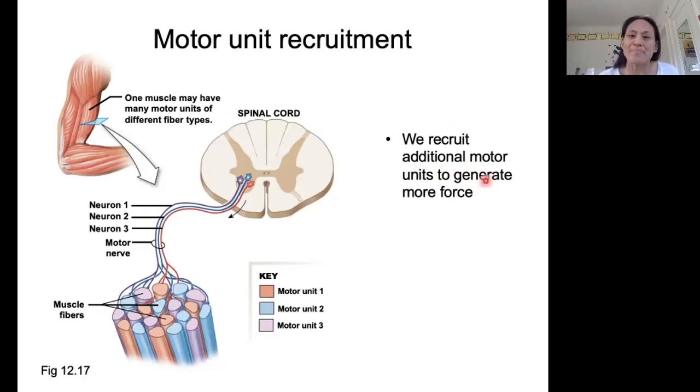Incidentally, it turns out that we recruit our slow twitch muscle fibers first, then the medium 2As, and then our fast twitch muscle fibers. One more thing, also a side note, is that one thing our muscles do in order to avoid fatigue is take turns contracting different motor units.